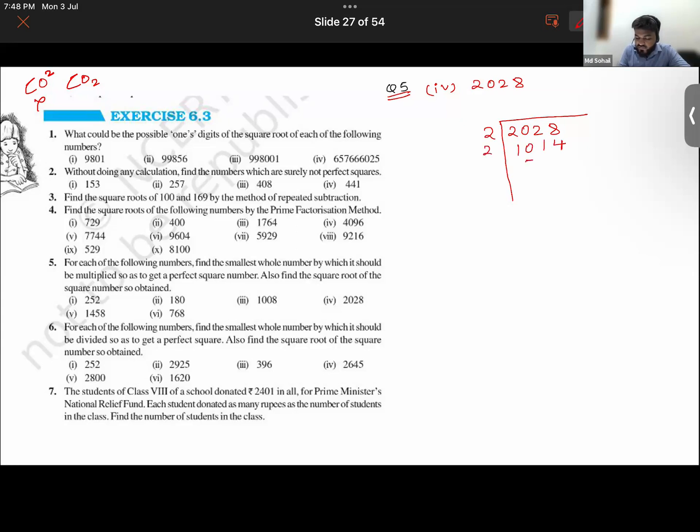Then it is 507, right? I've sent the answer. Okay, let me check. That is 3. Okay, then you have got what? Right, guys? And then again you will have which value should be taken here?